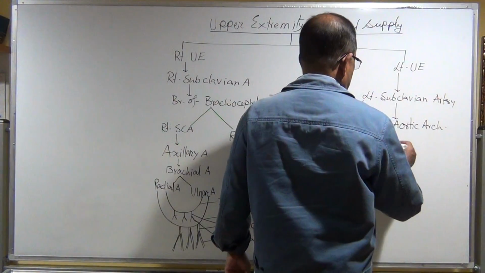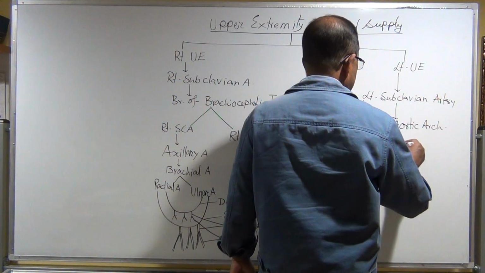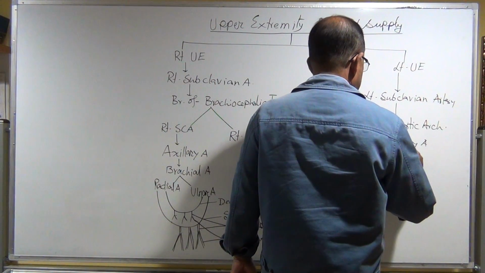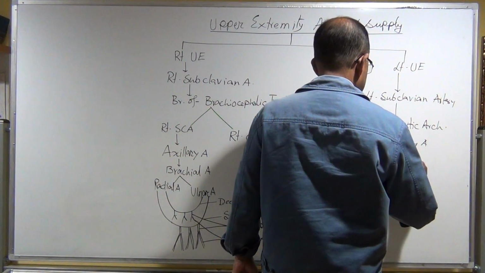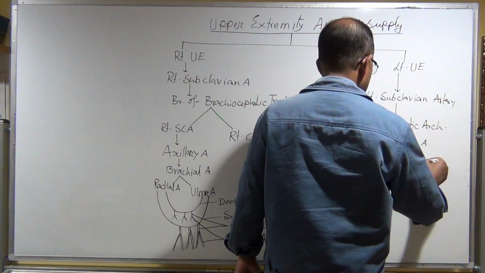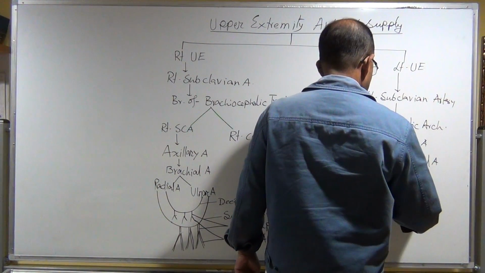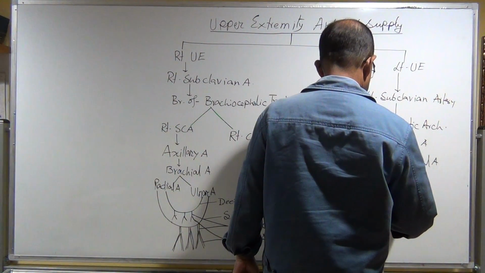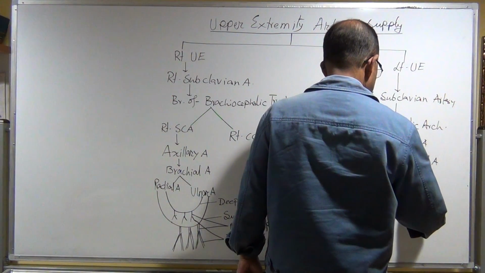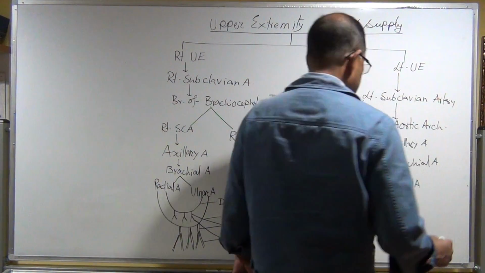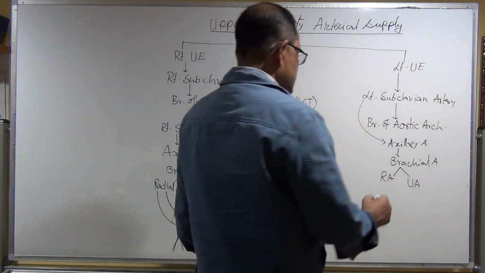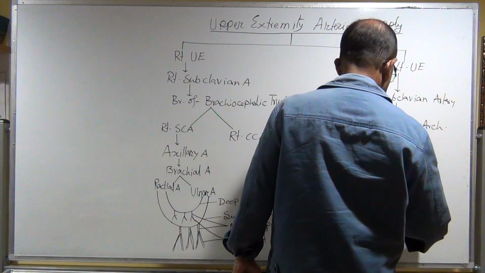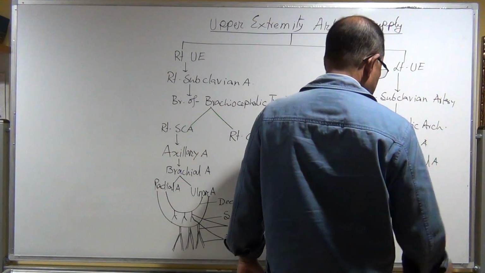So this left subclavian, then it is axillary. From the axillary artery, there is the brachial artery. From the brachial artery, there are two arteries: one is the radial artery, another is the ulnar artery. And these two again form two arches in the palm.